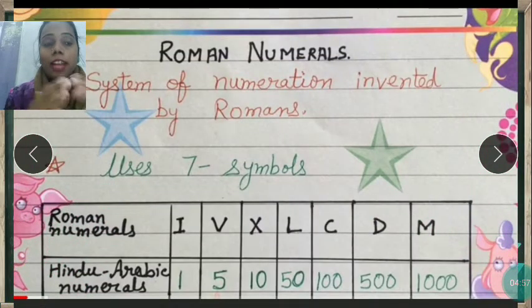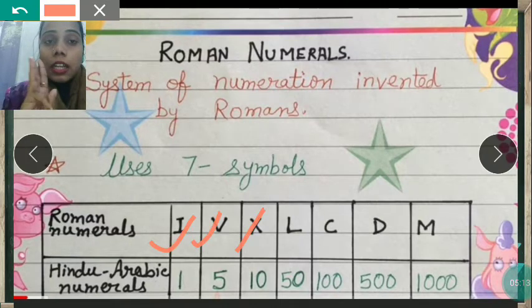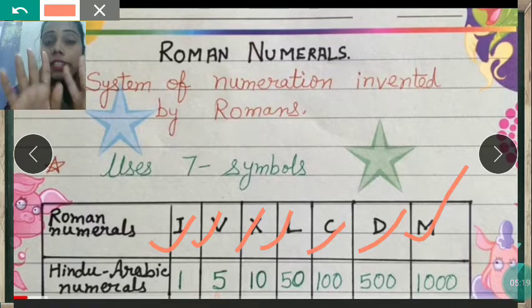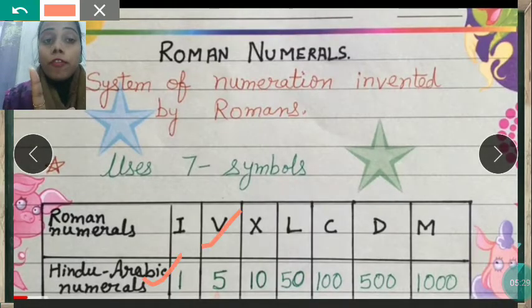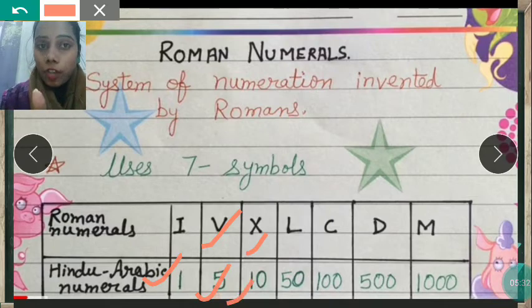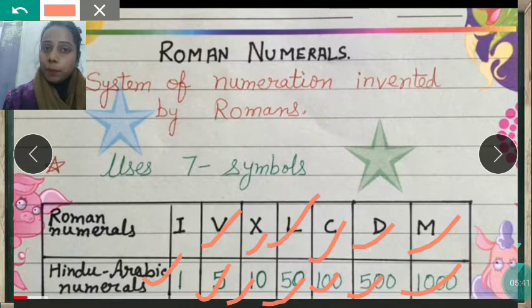Let's revise once. The system of numeration invented by the Romans has 7 symbols: I, V, X, L, C, D and M. I stands for 1, V for 5, X for 10, L for 50, C for 100, D for 500, and M for 1000.